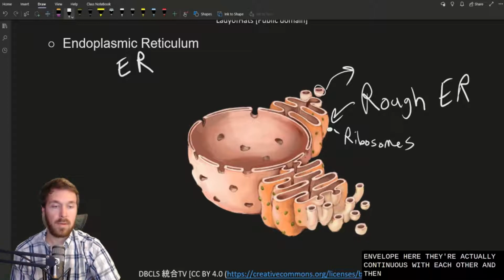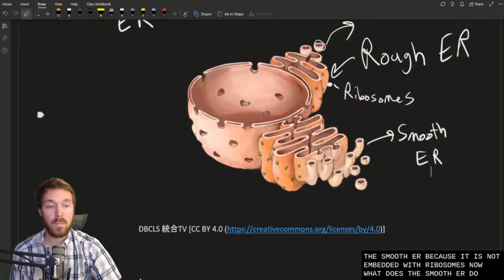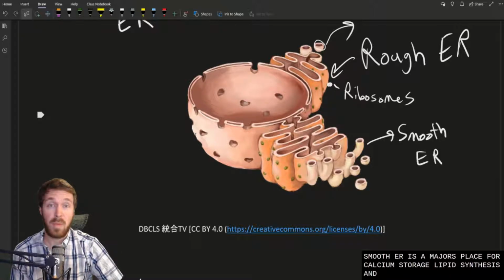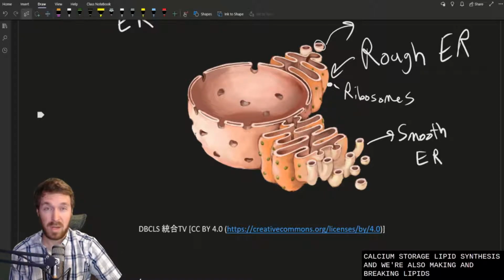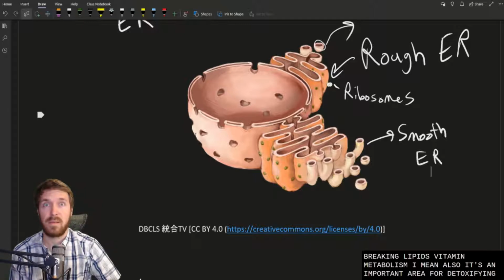And then the other type of ER is the smooth ER, because it is not embedded with ribosomes. Now, what does a smooth ER do? Smooth ER is a major place for calcium storage, lipid synthesis, and so making and breaking lipids, so lipid metabolism, I mean. Also, it's an important area for detoxifying certain poisons and toxins.